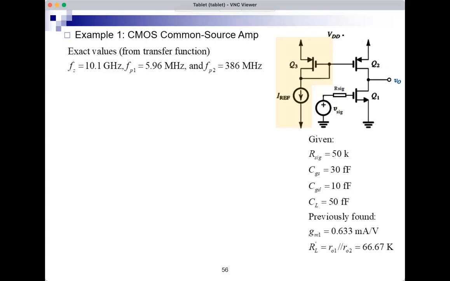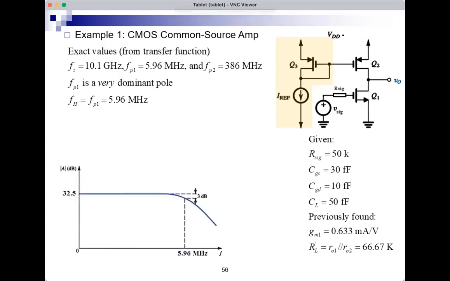And I have an exact value for FP1. So I can say it's a very dominant pole, and then FH would be just that, 5.96. If I want to solve the quadratic equation to get the exact FH, I'll probably get 5.95 or 5.94. So that's the bandwidth, the value of FH from the exact transfer function.